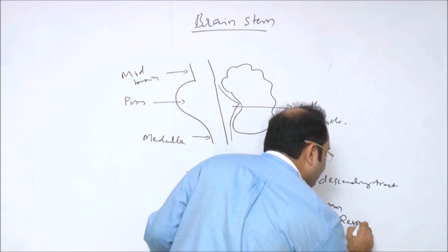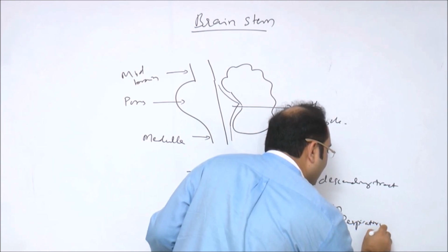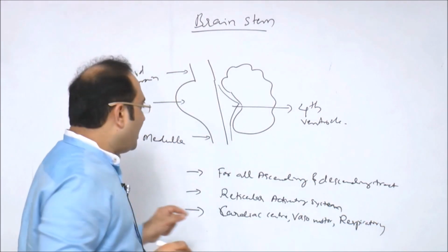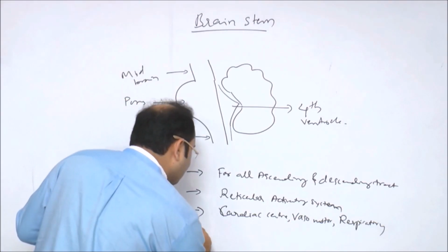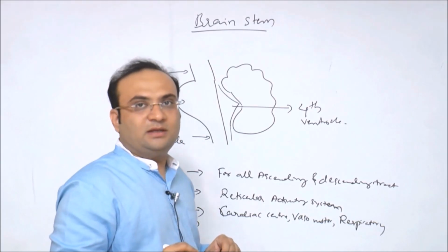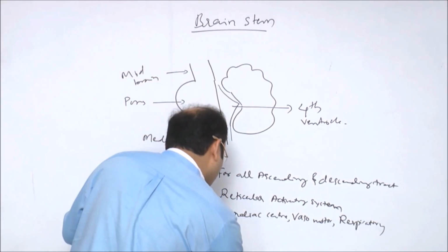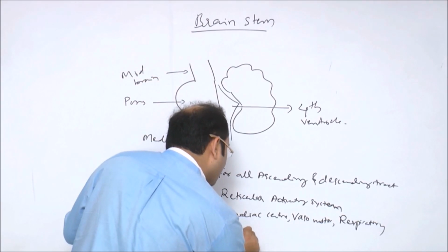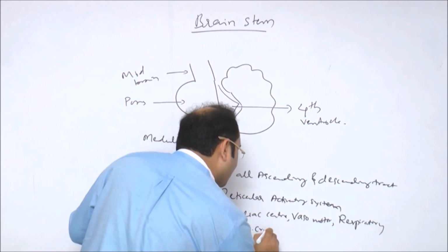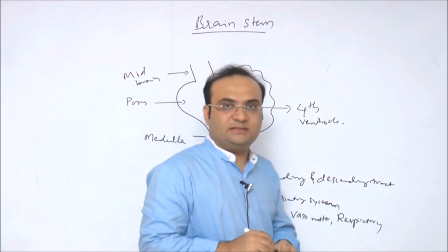So all important centers are located in the brainstem. It also has the cranial nerve nuclei, the lower 10 cranial nerve nuclei.